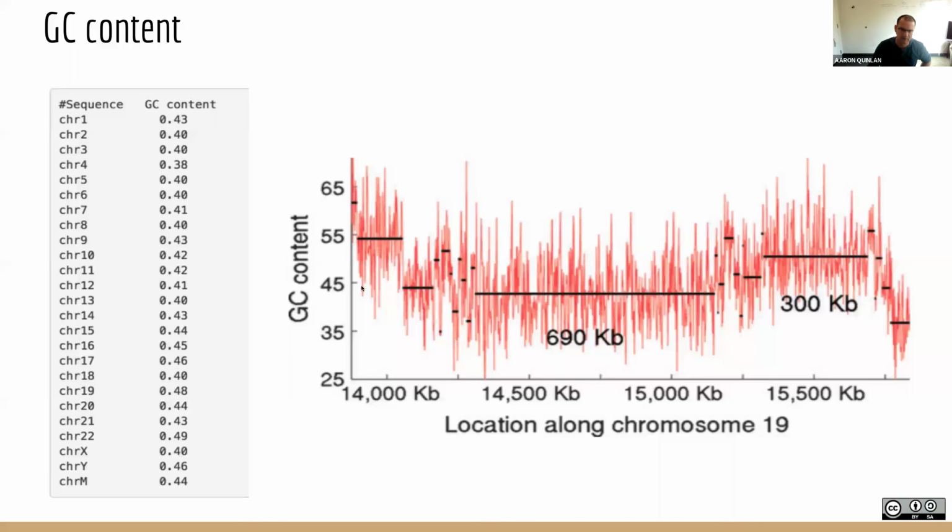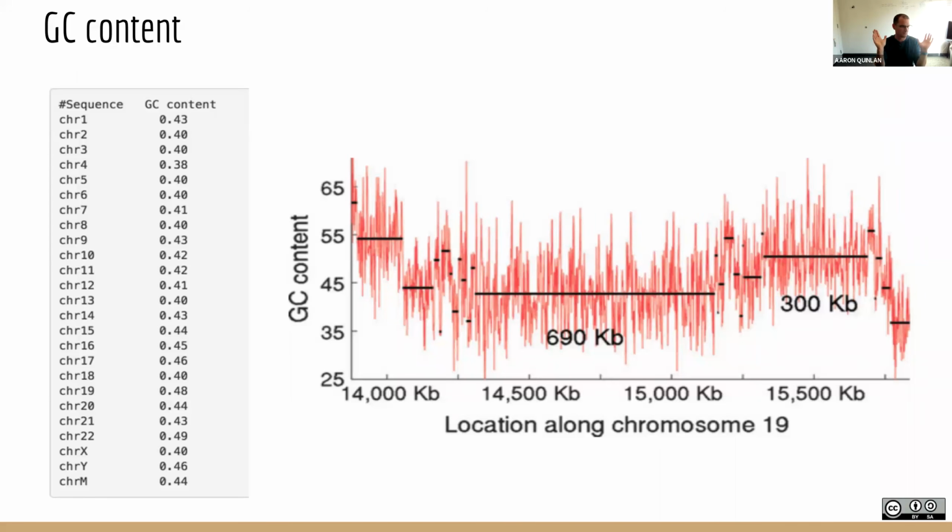We have this oscillating red line that reflects the observed GC content. Let's just say it's for a 500 base pair window. Each point along this fluctuating line is a 500 nucleotide window. So that means, say, from position 1 to position 500 on chromosome 1 for Gary, we count how many G's and C's we observed out of the 500 nucleotides that were in that window, and that's our GC content.